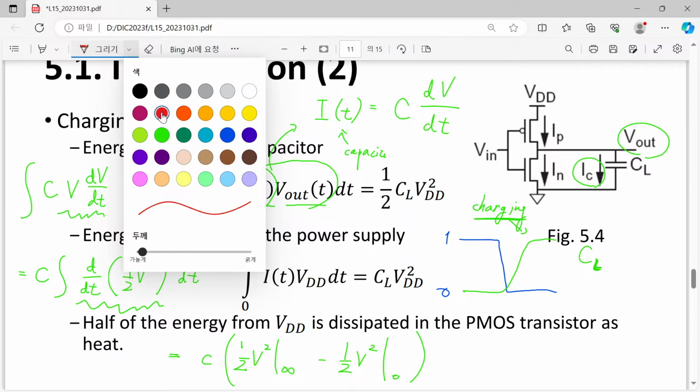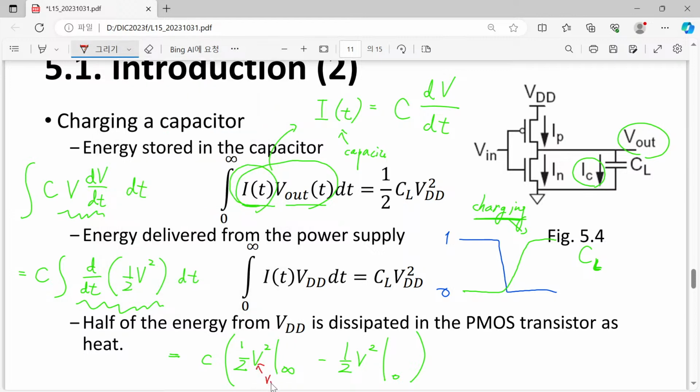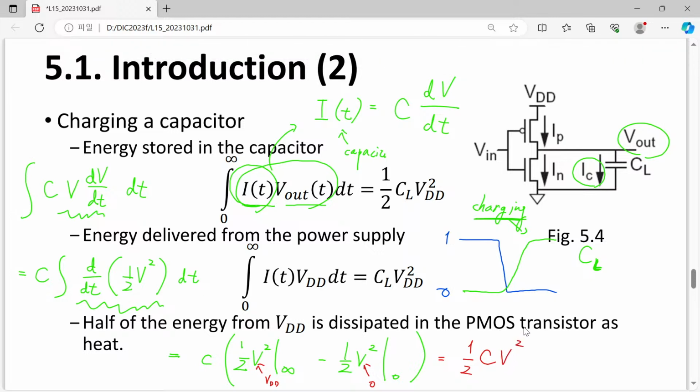In this case, we wanted to charge it, so eventually that will become VDD. And what is the initial value? Initially, we considered a completely empty, discharged capacitor, so it will be 0. So when we combine them all, we find that this is half C times V squared.